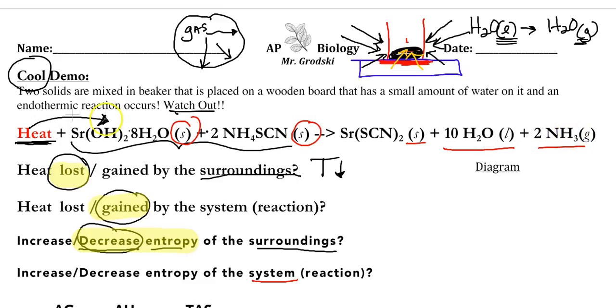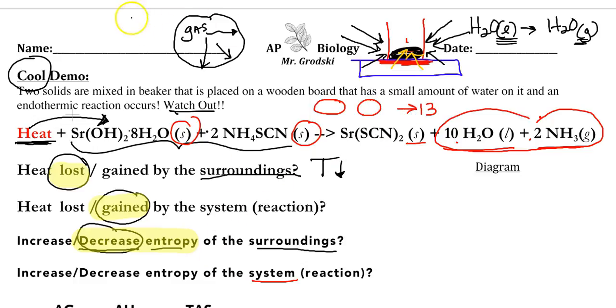So overall, 2 big particles made 10 plus 2 plus 1, 13 smaller particles, of which 12 are not solids, including 2 gases. So clearly, 2 things breaking apart into 13, there is going to be an increase in the entropy of the system.